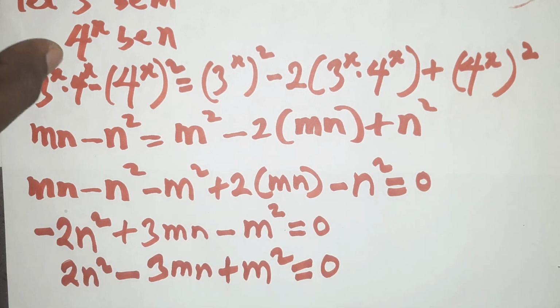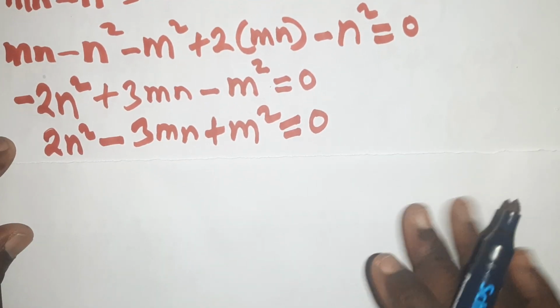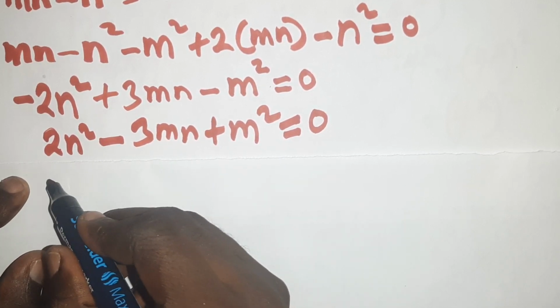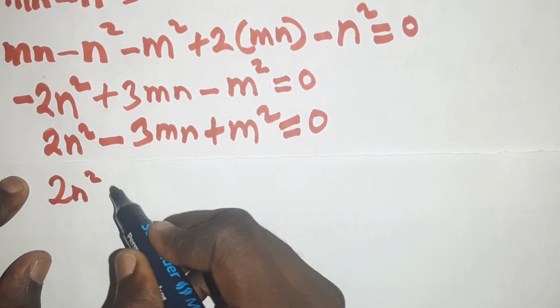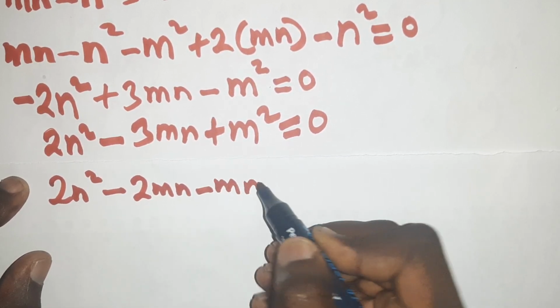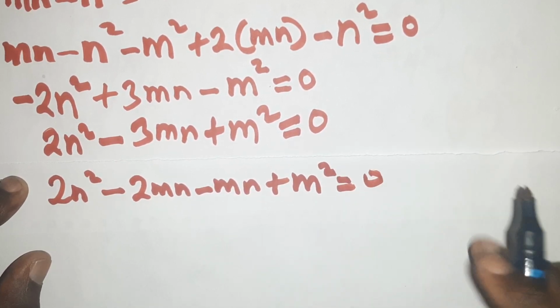So solving by factorization method, I will then have, I'm replacing minus 3mn by 2n squared, this one becomes minus 2mn minus mn, then plus m squared equals 0.